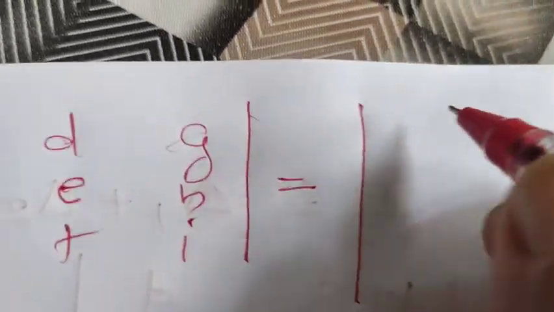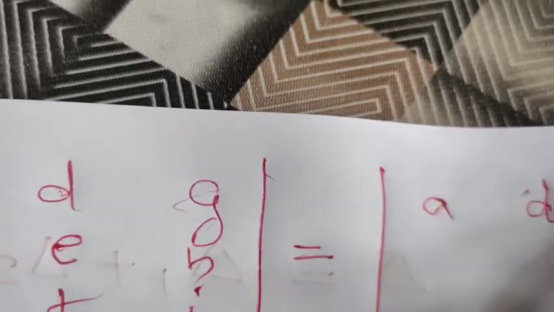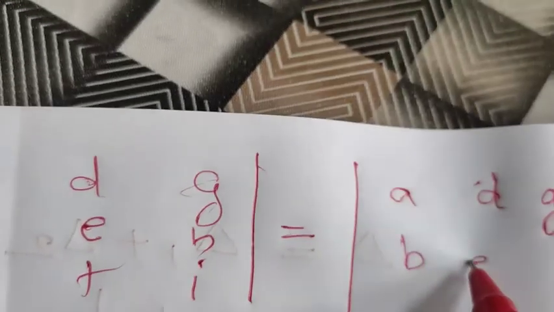Let us see another determinant. The determinant is equal to this, and this determinant is equivalent to another determinant. We can write like this: another determinant, that is A, D, G in the row, and here it is B, E, H in the row.